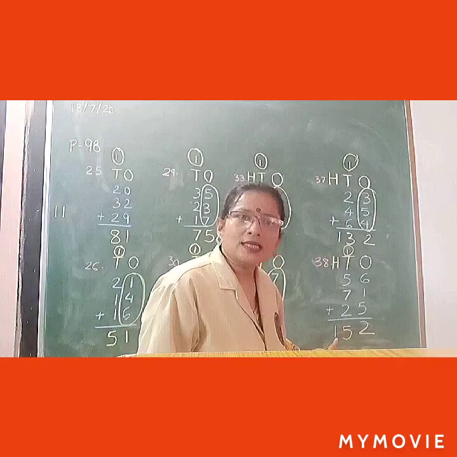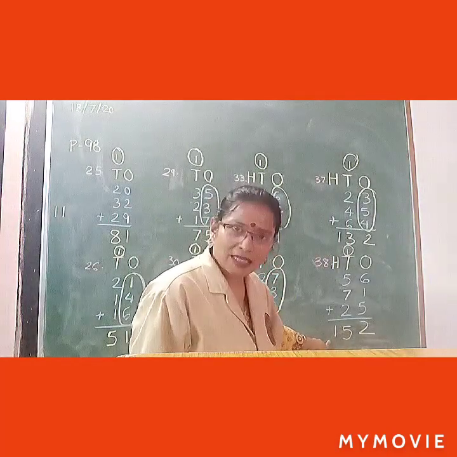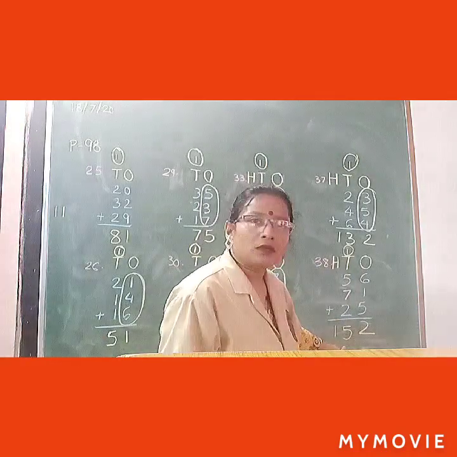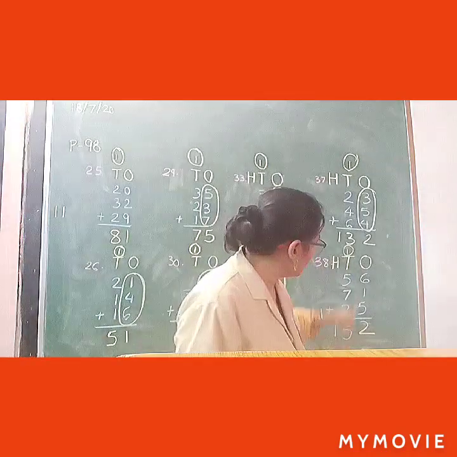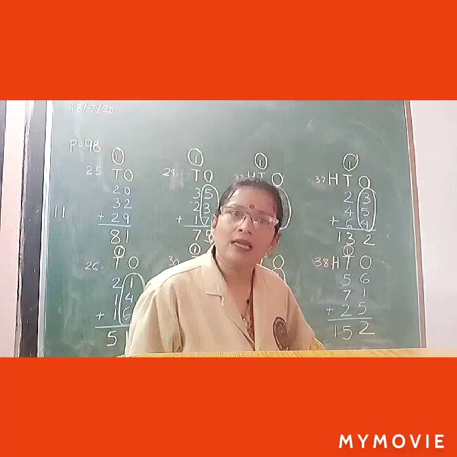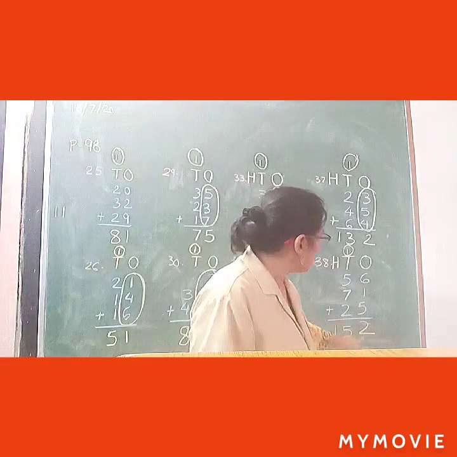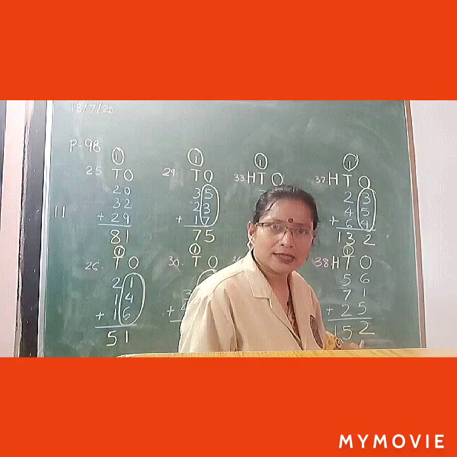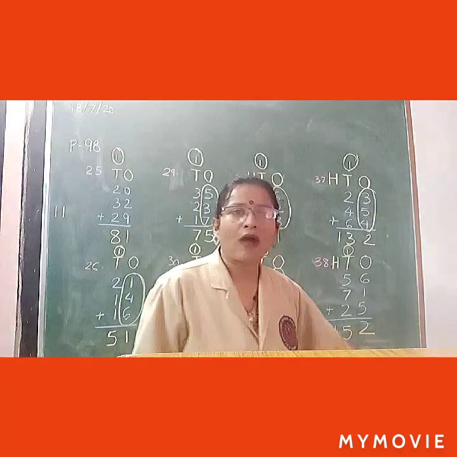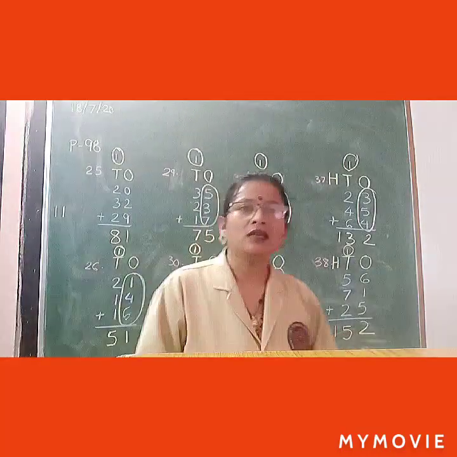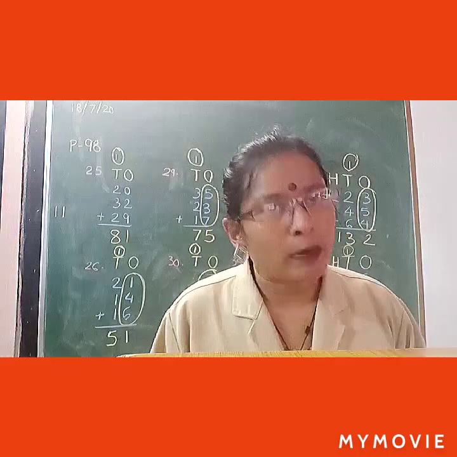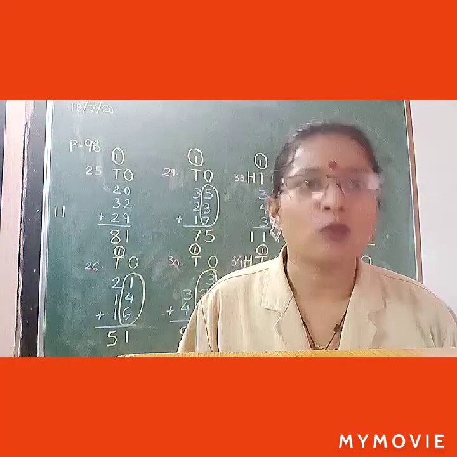As 1 is in hundreds place, we will write it in hundreds place, and 5 is in tens place, so we are writing it in tens place, and 2 is in ones place, so we are writing it in ones place. Okay, so the answer is 152.